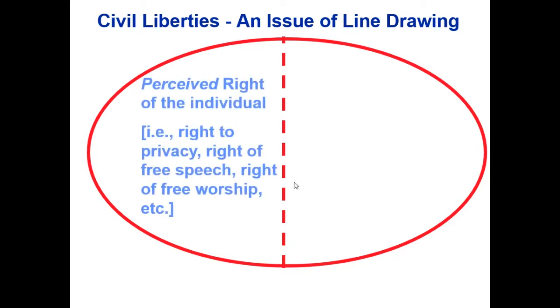None of these civil liberties rights have ever been recognized by the courts, the United States Supreme Court in particular, as being absolute. The right of free speech is not an absolute right. You can't say anything you want, anytime you want, under any circumstances you want.